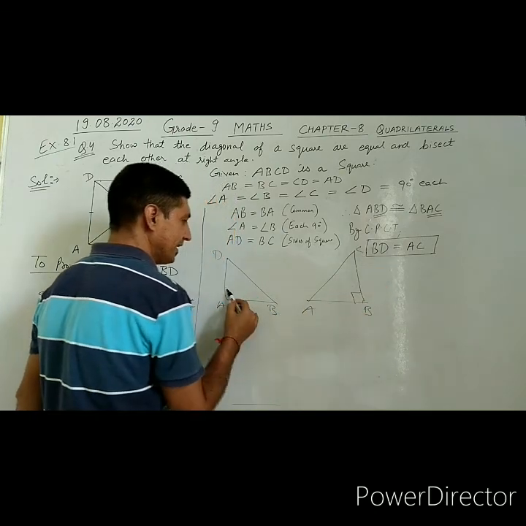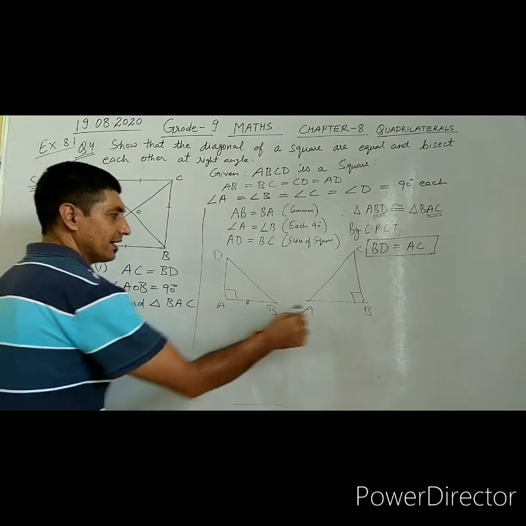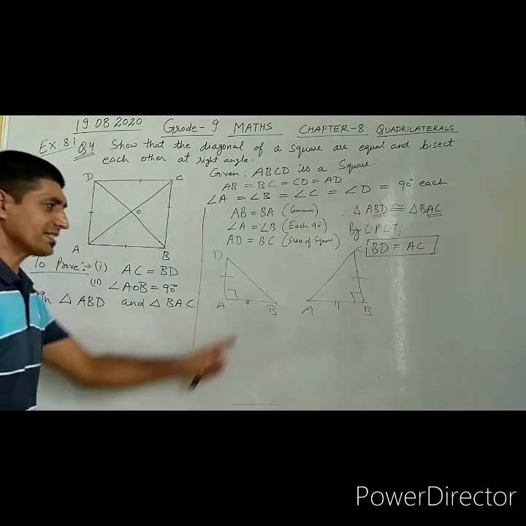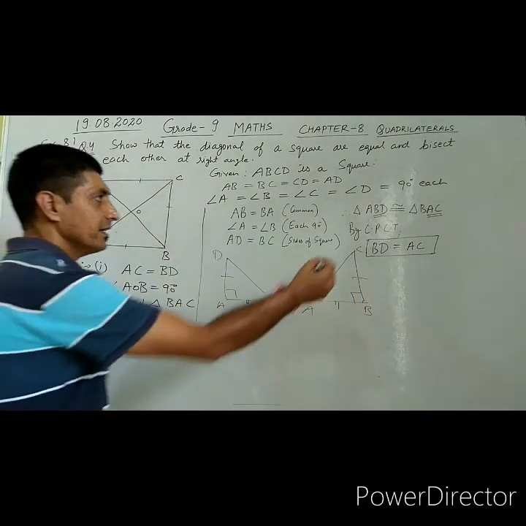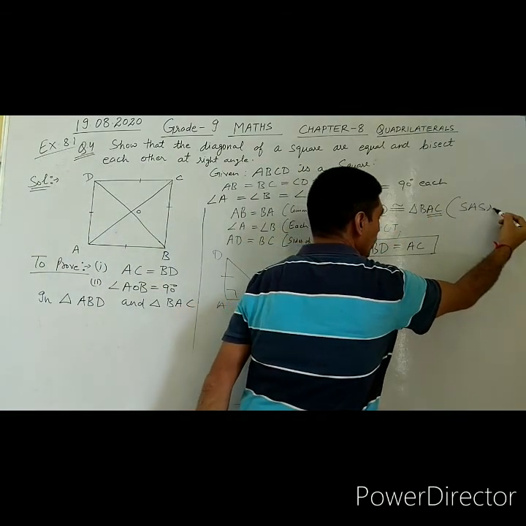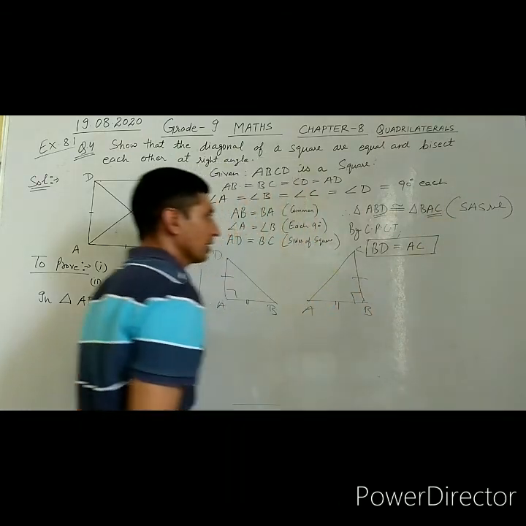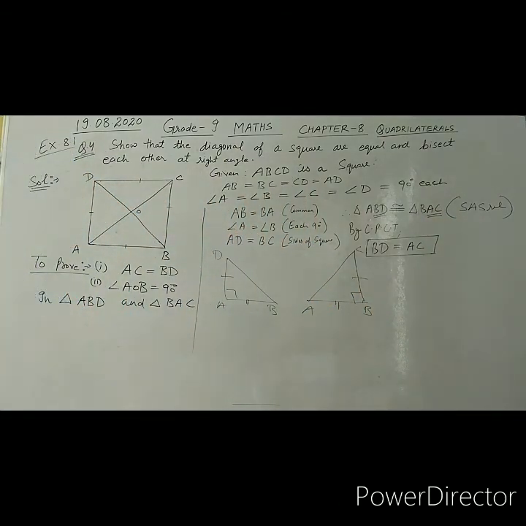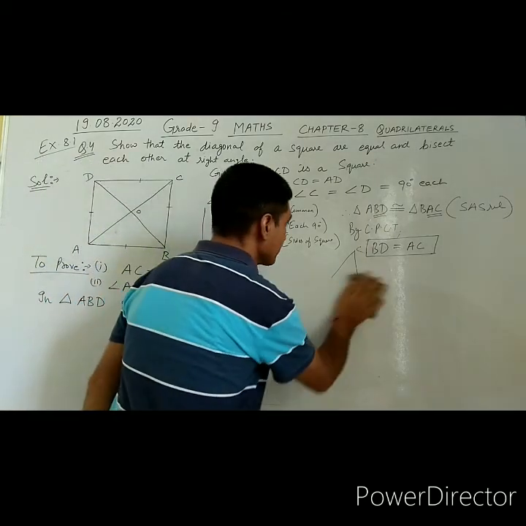Here one angle is 90 degrees, this side is common, and this is also a side of the square. So by side angle side, it is very important to write the rule of congruence. And by CPCT, we have sides BD and AC equal.